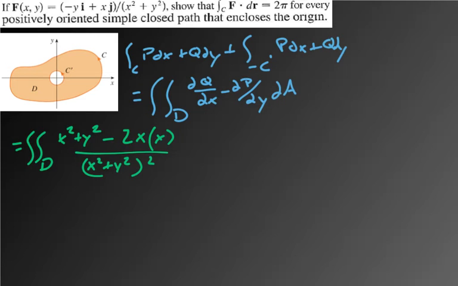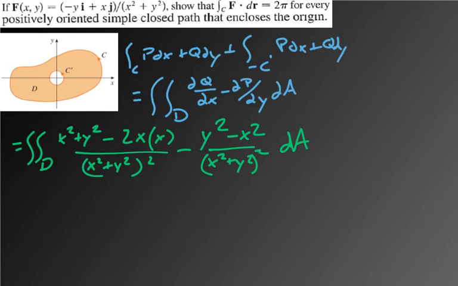And if you do the minus partial of P with respect to y, you're going to get y squared minus x squared over x squared plus y squared, squared. This is the partial of Q with respect to x, and this is the partial of P with respect to y.